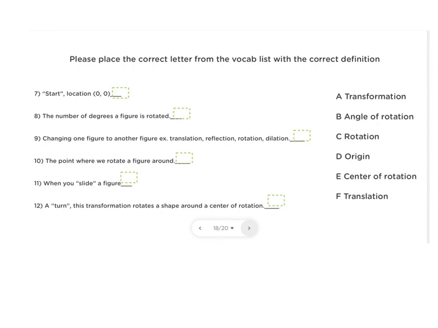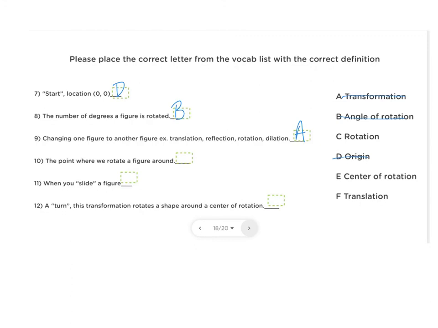Number 18, we start. The location 0, 0 is called the origin. Letter D. The number of degrees that a figure is rotated is called the angle of rotation, B. Changing one figure to another figure, a translation, a reflection, a rotation, or a dilation, those are all called transformations.